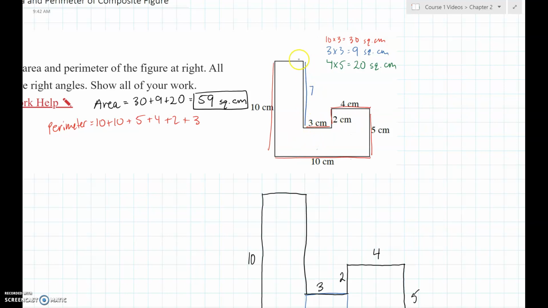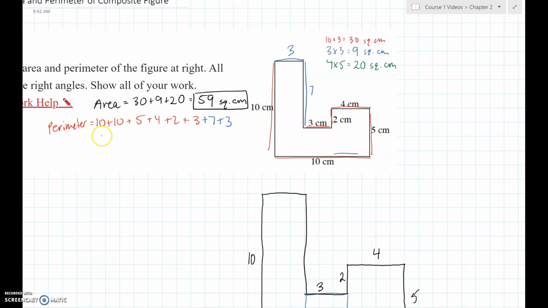And then same thing here. We already knew that this was 3 from earlier, right? 3 plus 4 is 10. Don't forget to add the 7 and add the 3. When we add all these together, you get our perimeter.